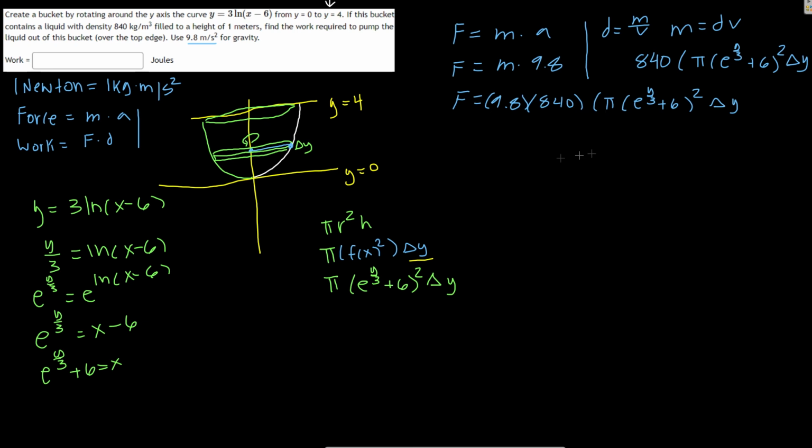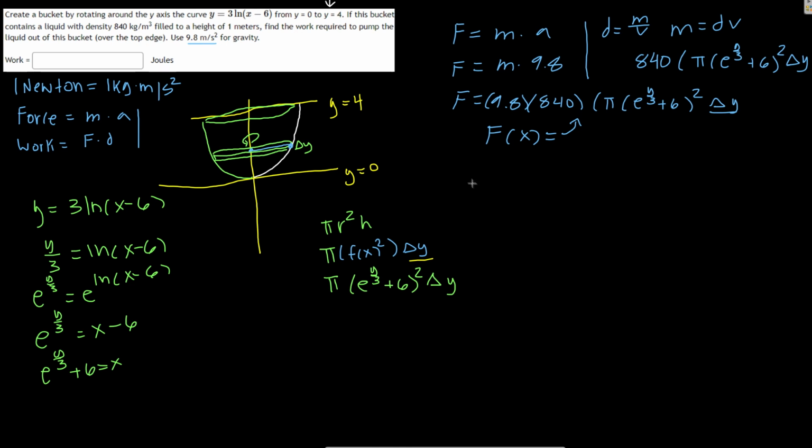So now that we have force, we're going to continue onward and try to find out what the work is. And what's important to understand is, while this is an expression for force at some given point, it also can be viewed as a function of force, as we're looking at any change in y. So we could say that f of x, the function for force, is equivalent to this value.